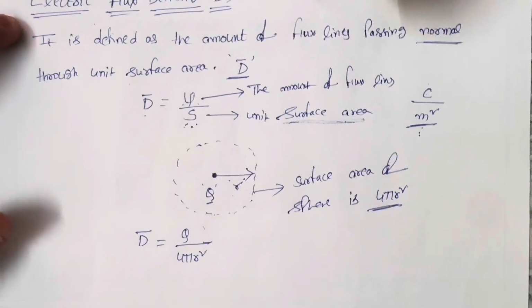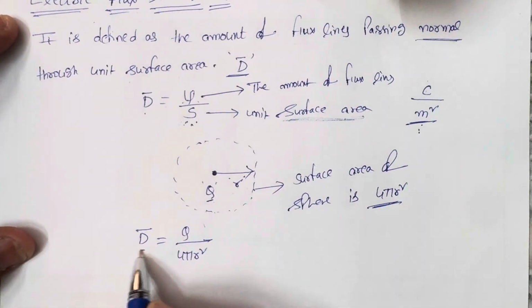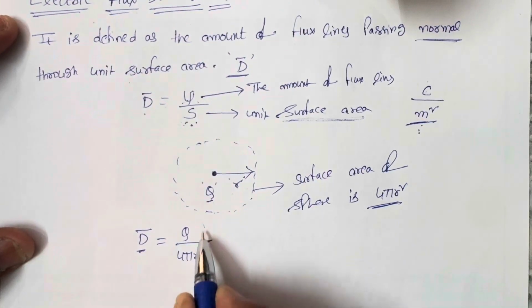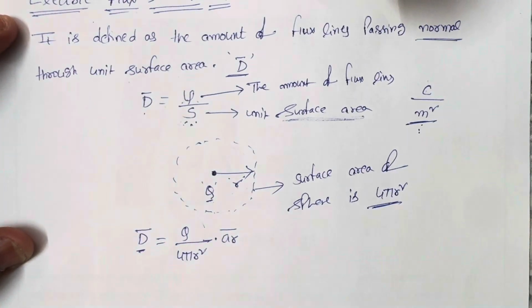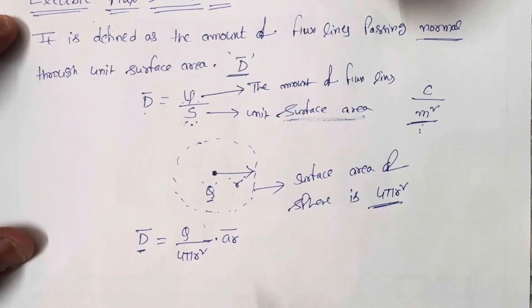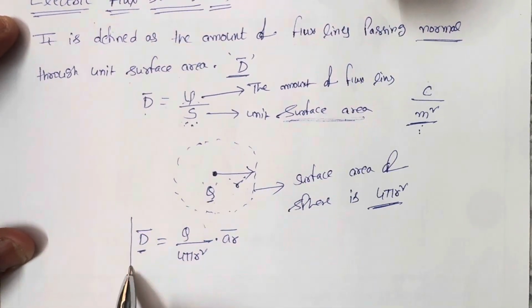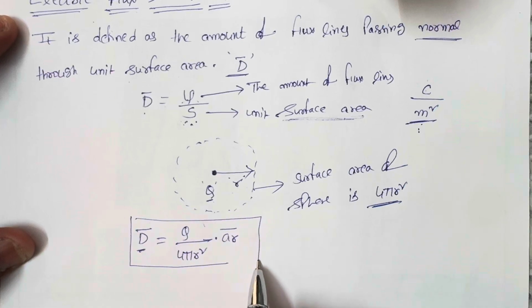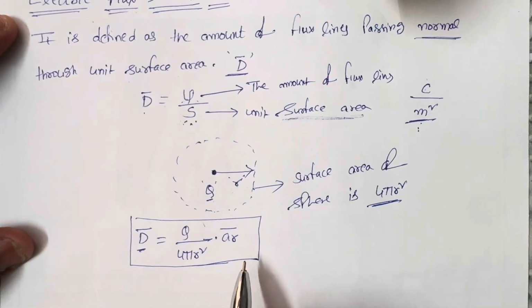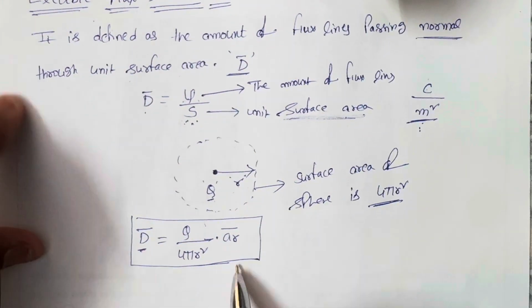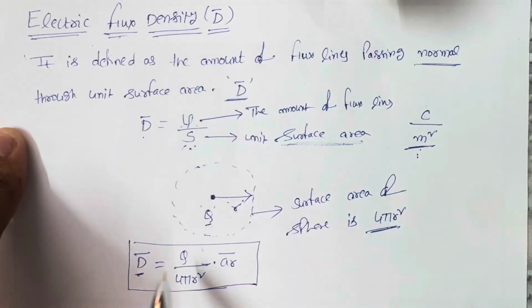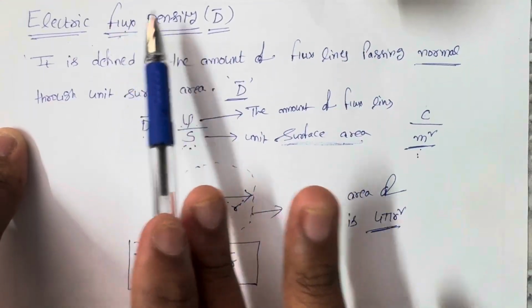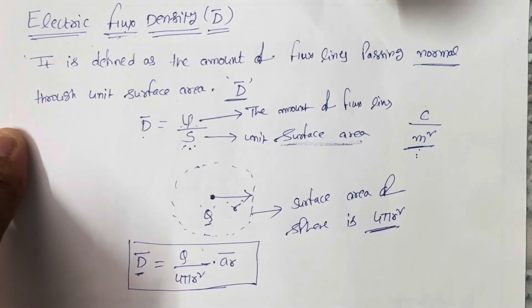So Q by 4 pi r square. Here it is a vector, so it is a magnitude, and the direction can be represented as the unit vector AR bar. So D bar equal to Q by 4 pi r square AR bar. It is the expression for electric flux density D bar.